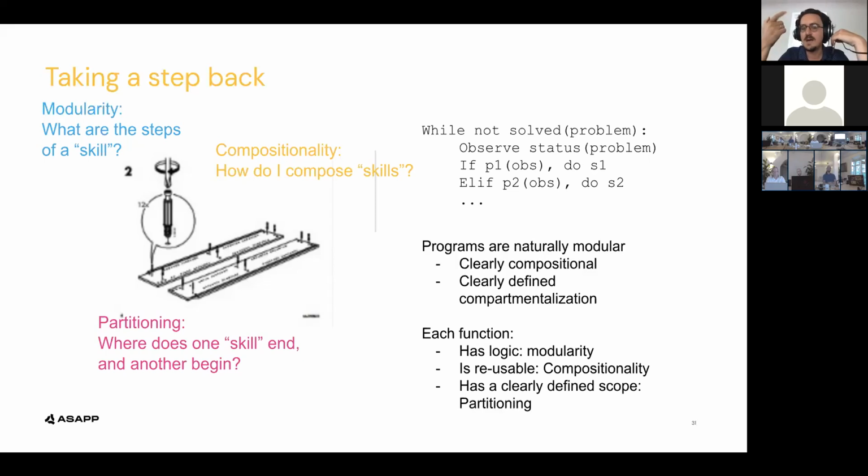We need to decide when we reuse these individual functions throughout our piece of code, which is compositionality, because we compose in the structure of our code each individual function every time we use it. And ultimately, and this is again coming back to this particular focus of mine, there is partitioning, right?